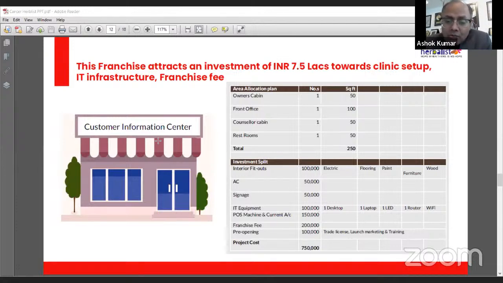Here, the role of the franchisee is very simple. The franchisee has to reach out to the customers, reach out to the patients, and do the patient acquisitions. And all the products and herbal therapies will be provided by Cancer Herbalist. So how are these therapies going to be given to the patients?